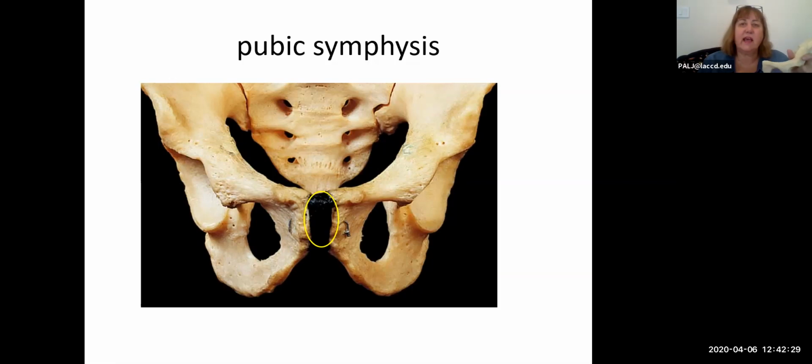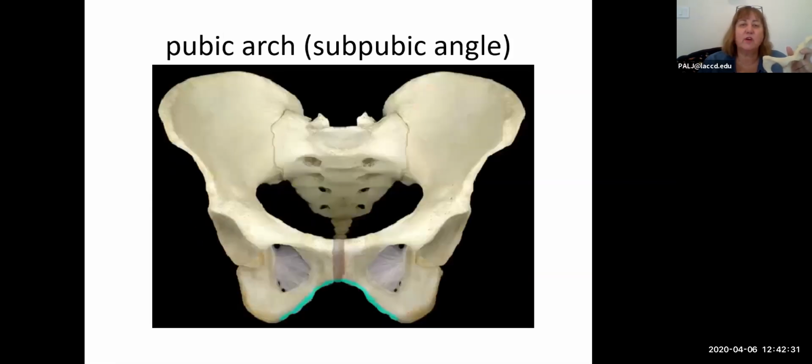The next thing that has to do with the entire coxal bone is something called the pubic arch. And so when you put the two together, we are looking at the angle, like the angle that my nose is going through right now. So this angle that's made between the two of them is highlighted there in blue.